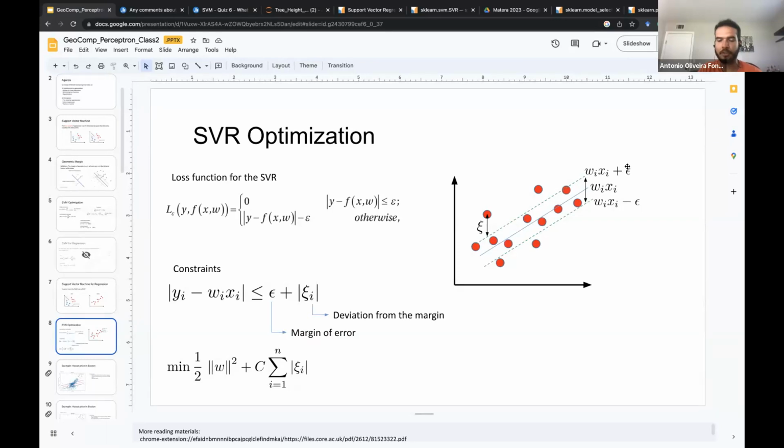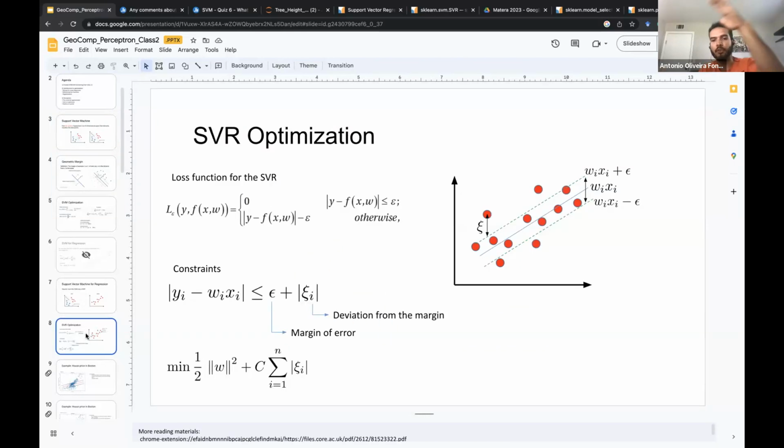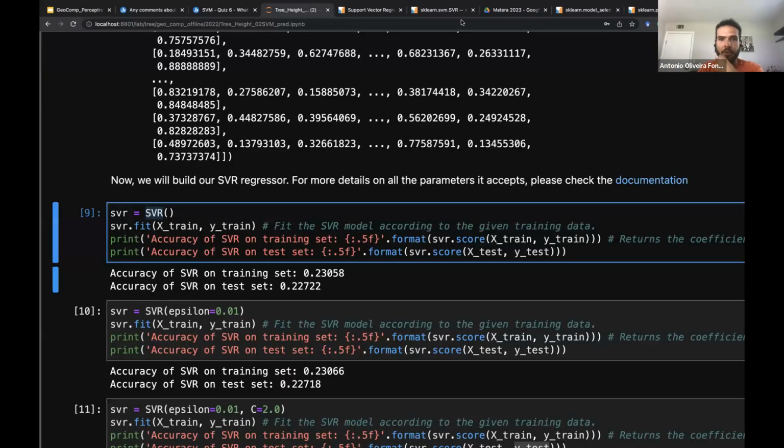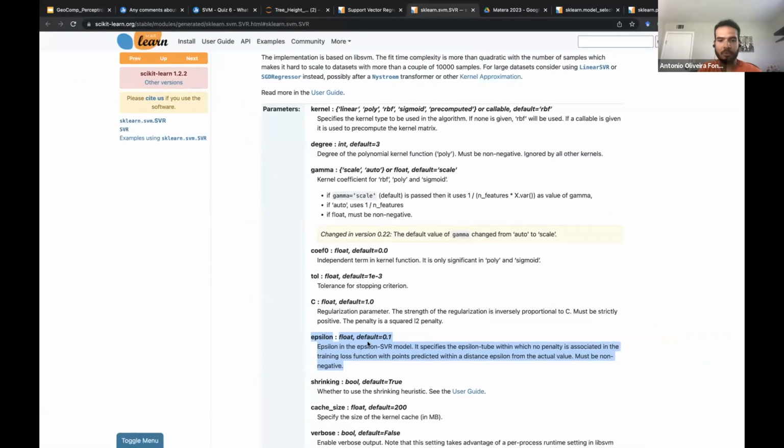People talk about that as the size of this tube, which encompasses either the data in the case of regression, or the tube that's in between the data sets in the case of classification. But we are running a regressor, so we're talking about the tube within which most of the points should be included. Very well. So we're going to be using the default for now, so the epsilon in this case is set to 0.1.